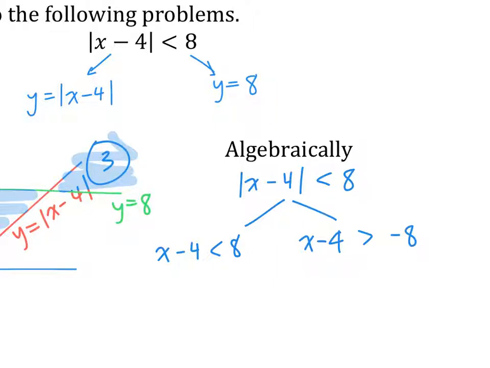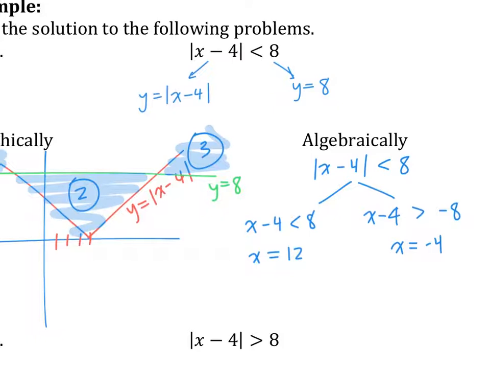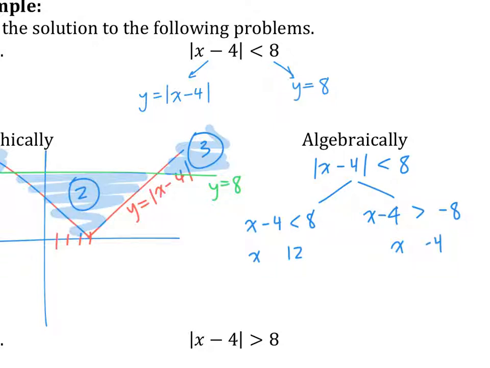And then you solve. x equals 12, and then x is equal to minus 4. Okay, so that's where they intersect, but I'm sorry, there's no equal to. So keep the sign. So that's less than, and that's greater than.